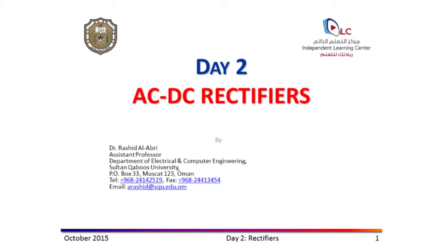So let's revise those. We have different types of converters. The first one we can see is AC to DC, and then DC to DC, DC to AC, and also AC to AC. So these are converters.